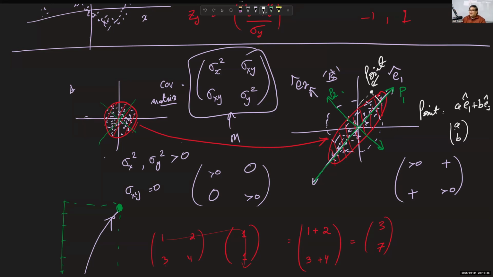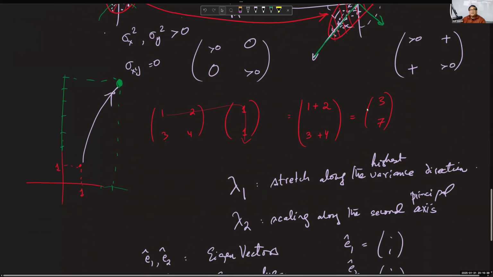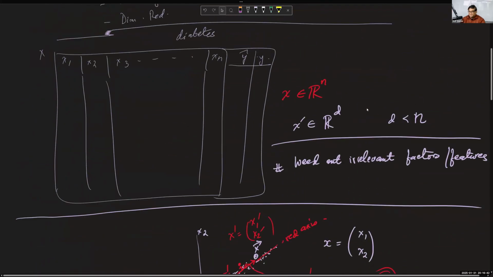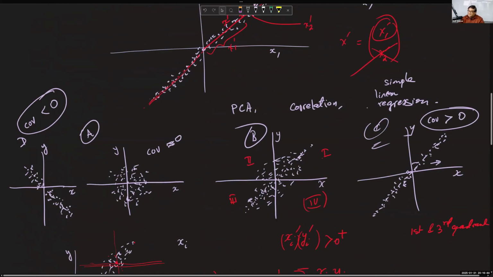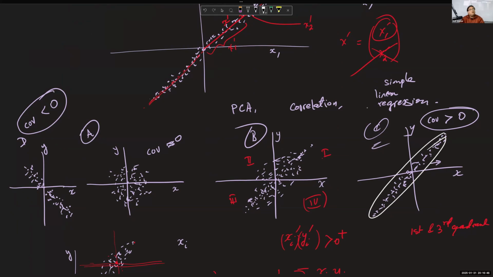So now comes the last piece of the puzzle, where we started. If the data looks like this, looks like the situation C, do you realize that if I give the coordinates of a point along E1 and E2, to the first approximation, the E2 value may not matter, isn't it?